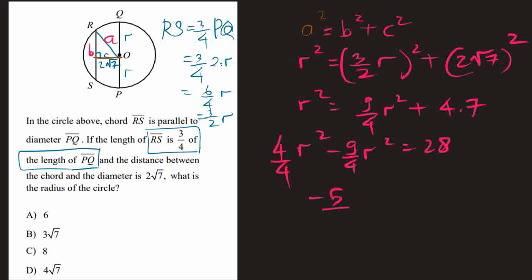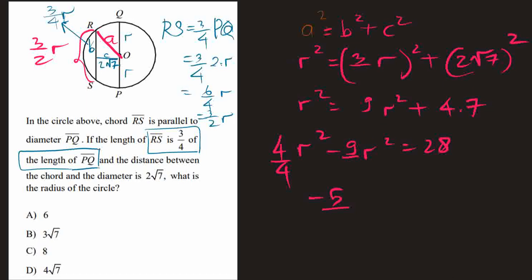Here we have to use RS, which is 3/2 R. Now for this triangle we have to use half of RS. So B is half of RS, so B will be 3/4 R. So now we fix our mistake.